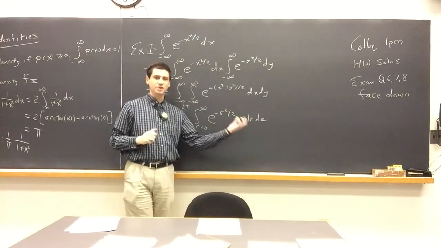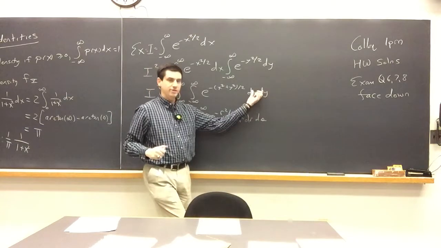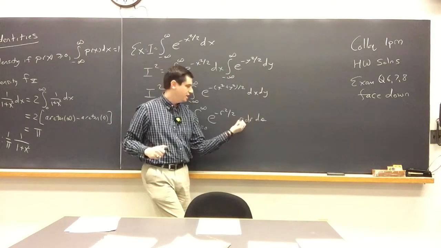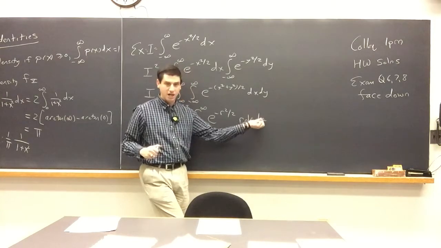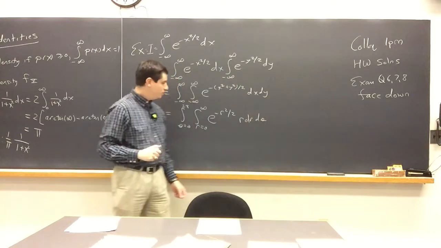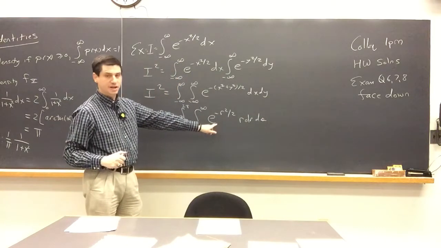So you should hopefully remember this from Calc 3. If x and y are in meters, this is meters squared. Okay, this really should be read as dr, r d theta, because it's r d theta that's the length. And now when you do the integration, it's going to become very nice.